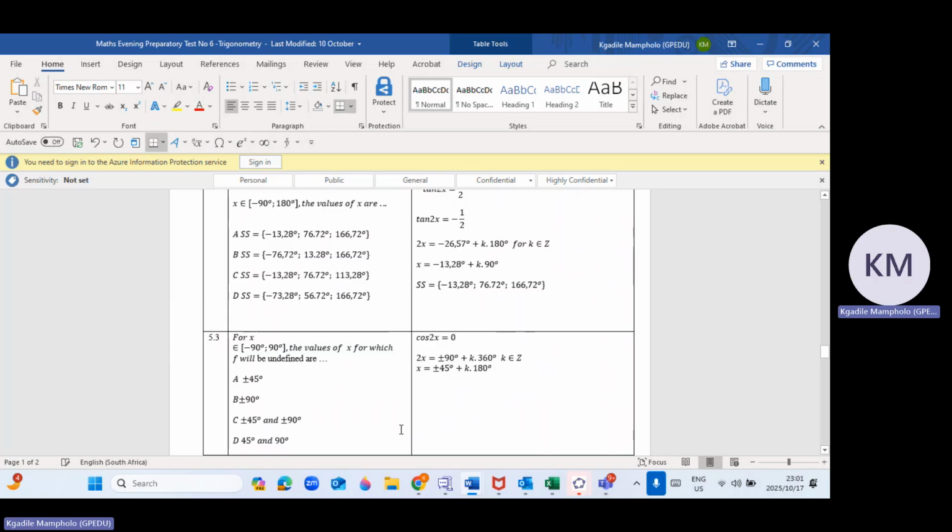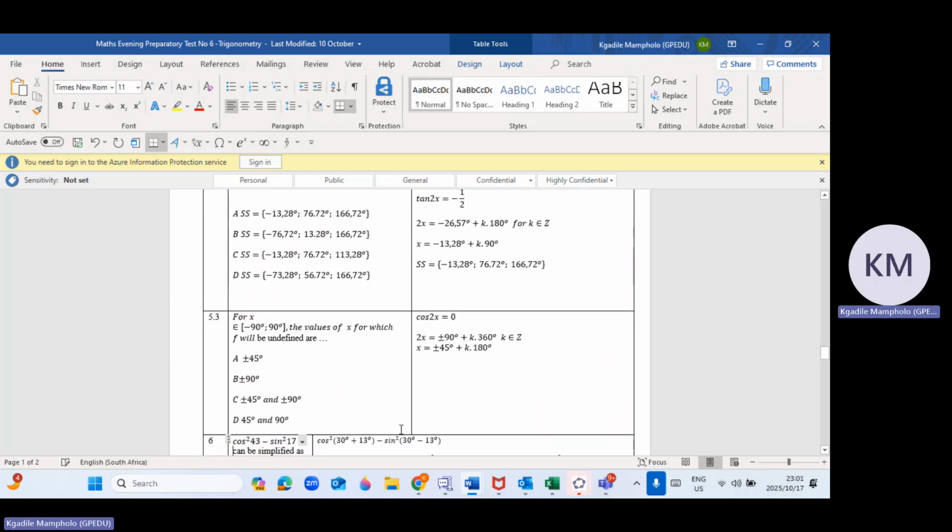So if you now want a specific solution between the given interval, it means x will just be between negative 45 and 45. It cannot be 90, because if it's 90, then the value will be outside that interval.